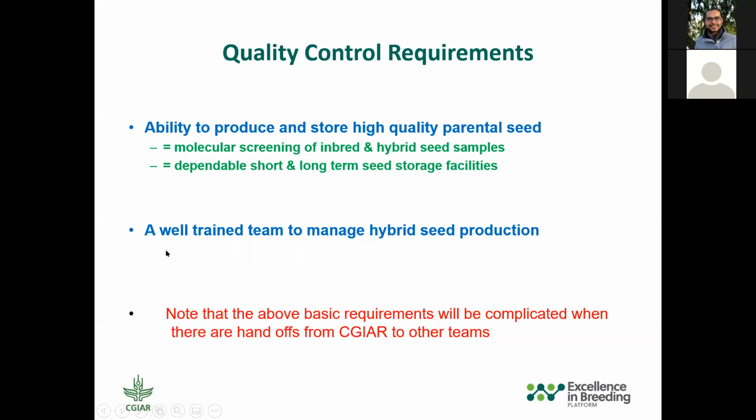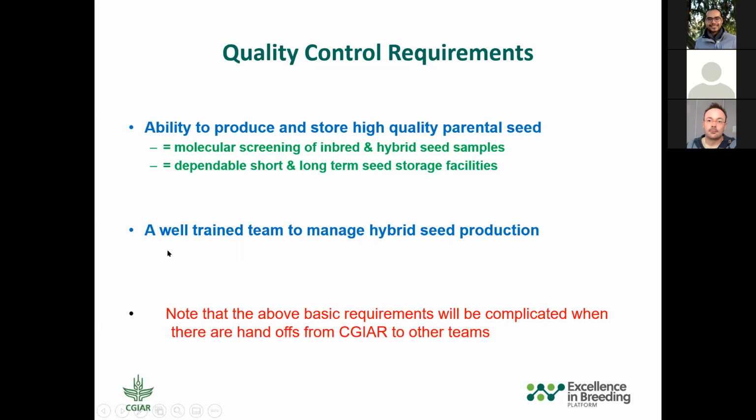In most cases with a clonal crop that's heterozygous, it's going to be more markers, a little more complicated. I haven't worked directly with those crops yet, so I can't tell you exactly how that works, but the concept remains the same. Certainly, you need dependable short and long-term seed storage facilities to keep this program operating.